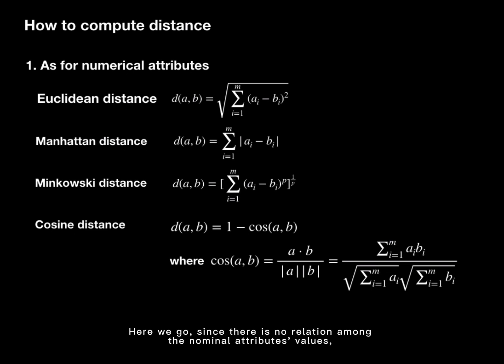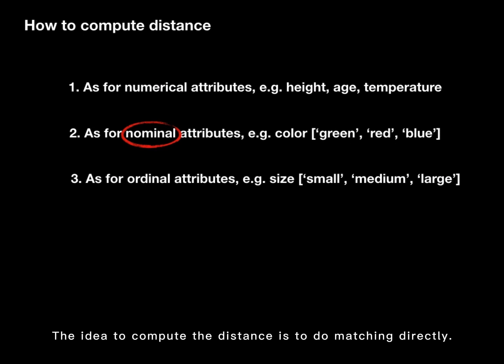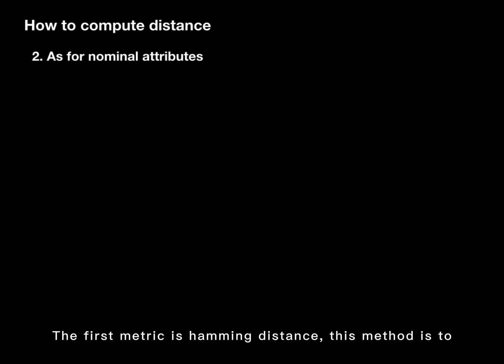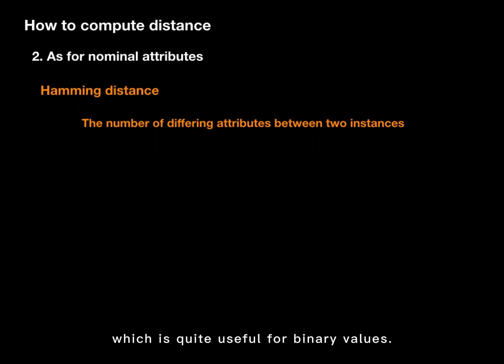Here we go. Since there's no relation among the nominal attribute values, the idea to compute the distance is to do matching directly. The first metric is Hamming distance. This method computes the number of differing attributes between two instances, which is quite useful for binary values.